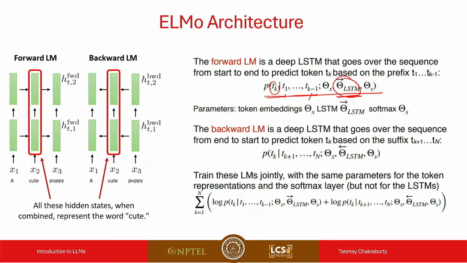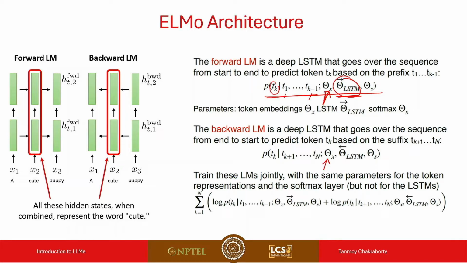All the other parameters, meaning, let's say, WE, will remain the same. What is WE? WE is the parameter corresponding to the input, right? In this case, this is theta x. This will remain the same in the forward LSTM and the backward LSTM.